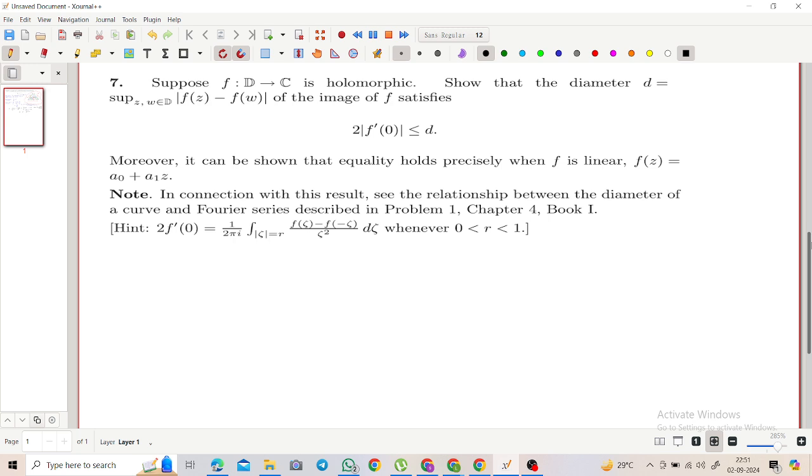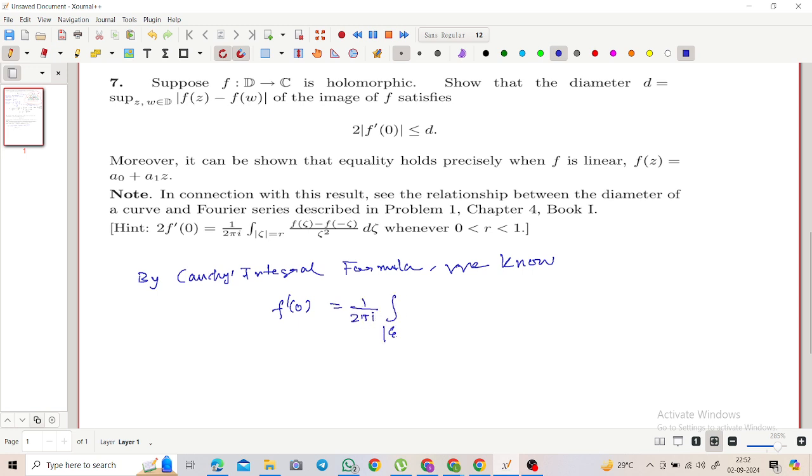We know by Cauchy's integral formula, f'(0) is 1 by 2 pi i, integration over mod xi equals r, f(xi) by xi square d xi, right?